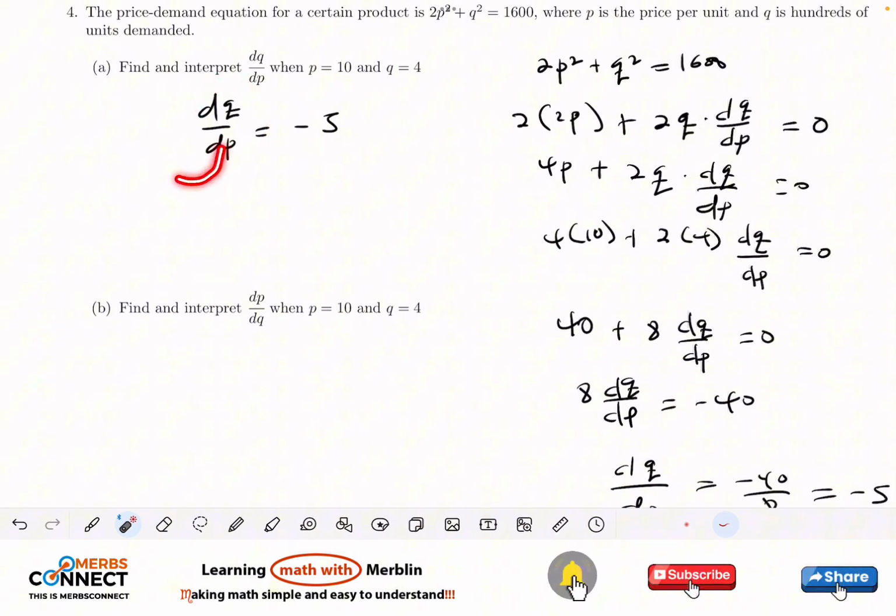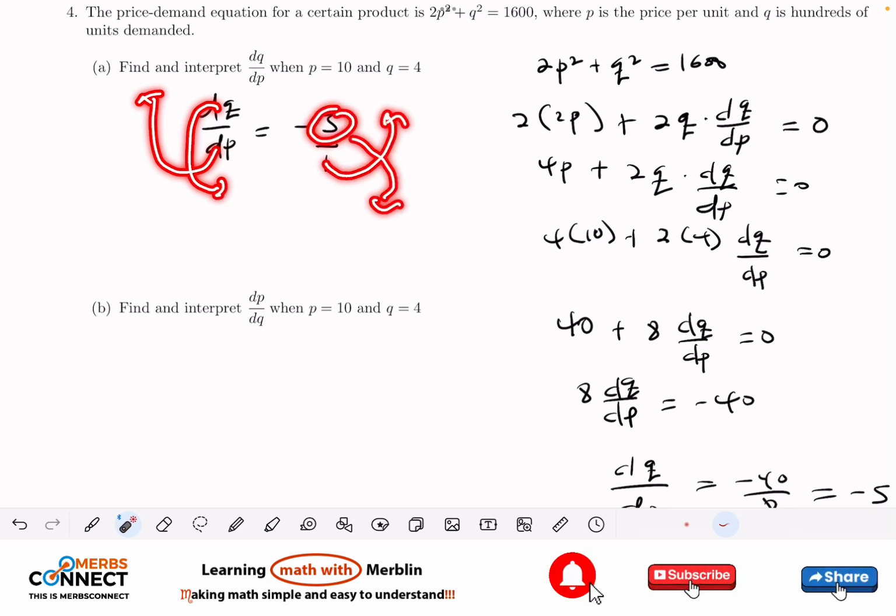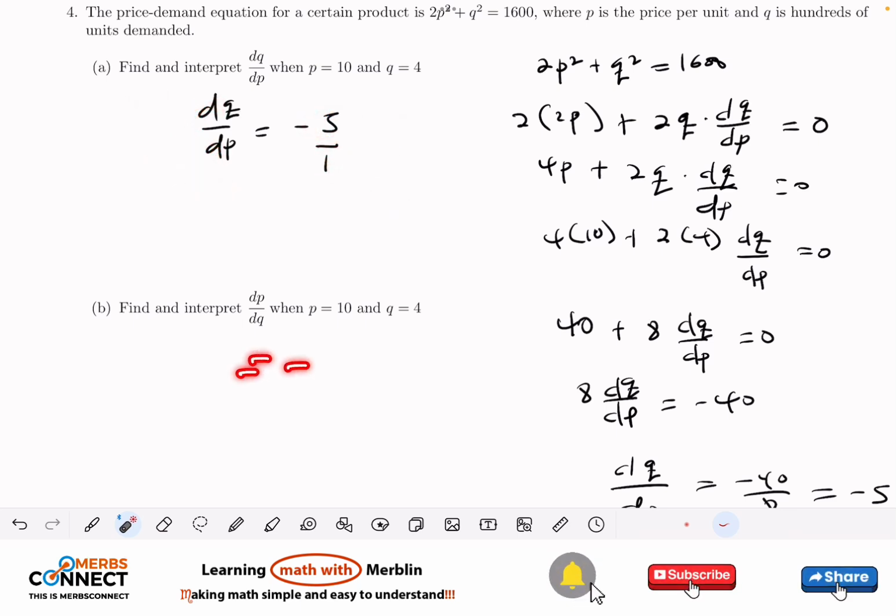I'll bring the top. So if I want to interchange, like this one is 5 over 1, right? So look at this. If I want dp over dq, then I need to move this one up and move this one down. So this one's supposed to be like minus 1 over 5. Let's check if it is true.